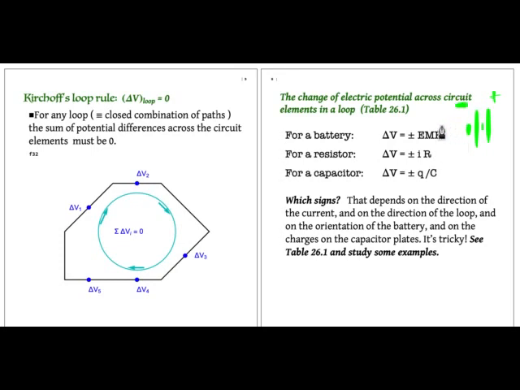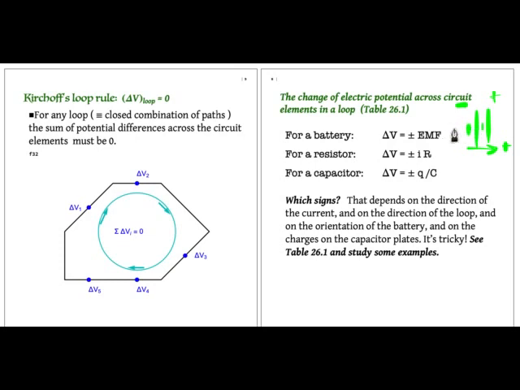And the change in potential, if I'm going this way, is from low potential to high potential, so the change is positive. Because the change in a quantity is the quantity at the back end minus the quantity at the front end.